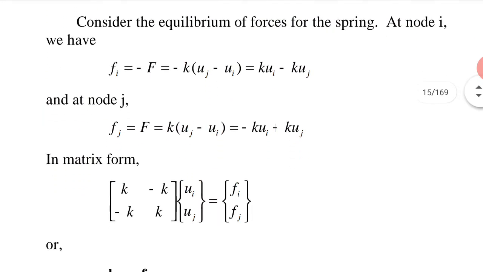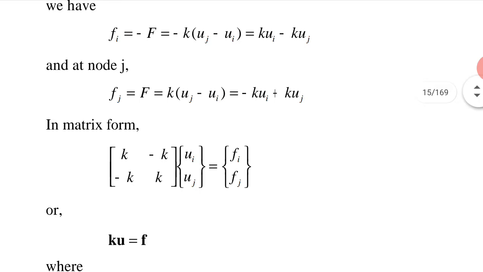So considering the equilibrium of forces for the spring, at node i we have F is equal to k into ui minus uj, and at node j it is F is equal to k into uj minus ui.